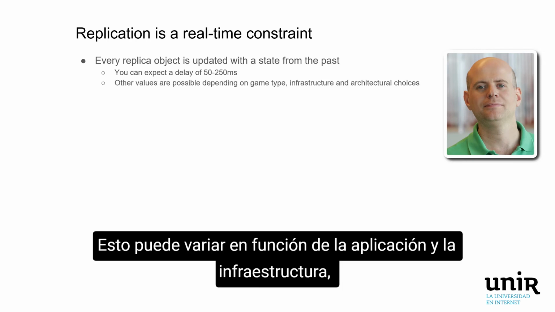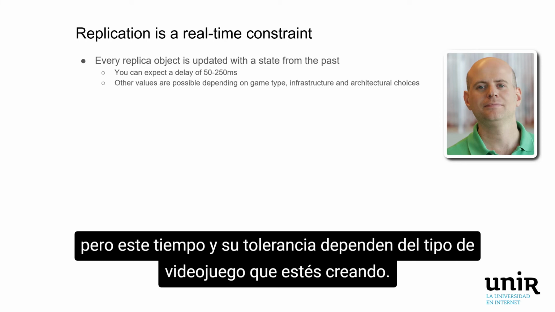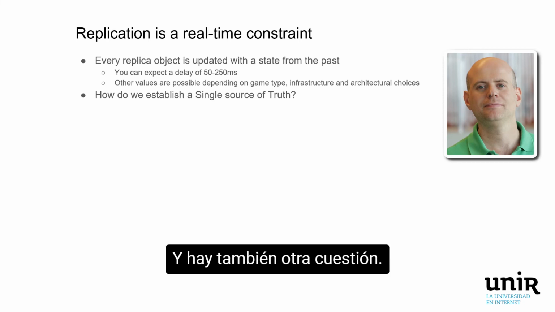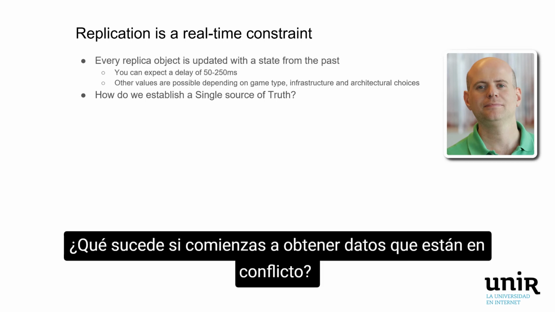It can vary depending on the application and the infrastructure. Maybe more commonly, you would say between 50 and 100, but it depends on the type of game that you're making, and the tolerance of that time depends on the game that you're making. And also, we have another issue. How do we establish when we have a single source of truth? What happens if I start getting data that is conflicting?